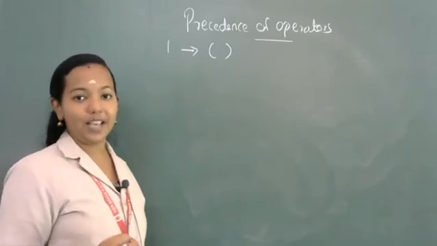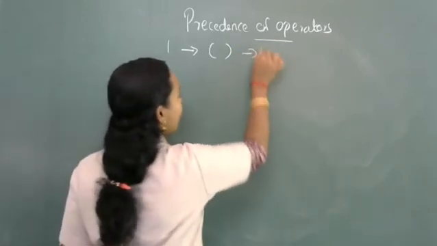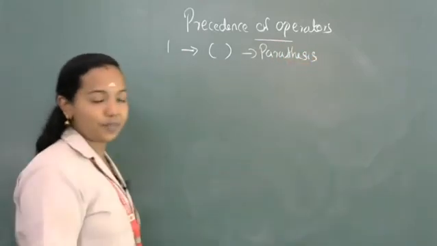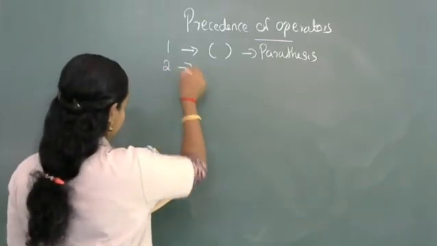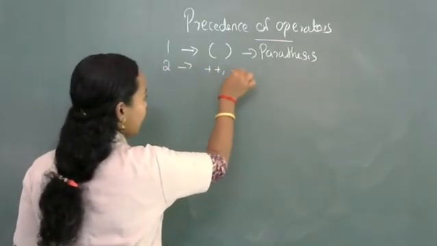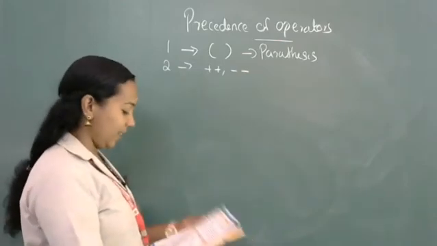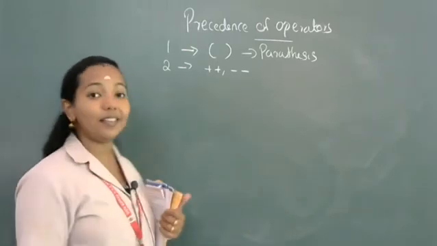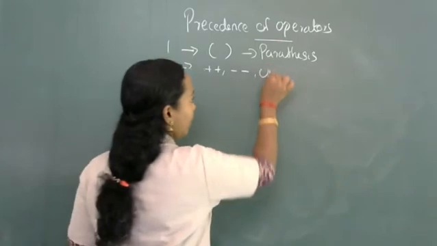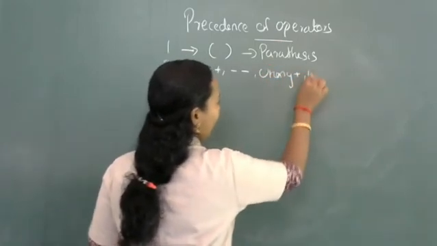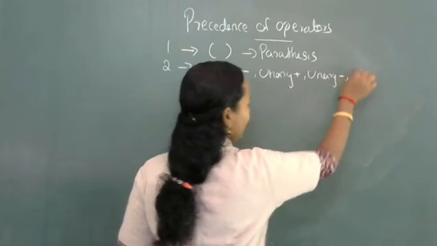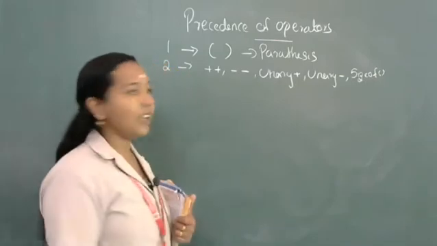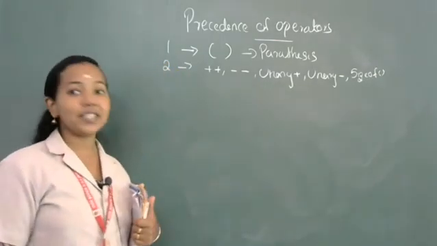After parenthesis, second priority is for plus plus, minus minus: unary plus, unary minus, increment, decrement and sizeof.